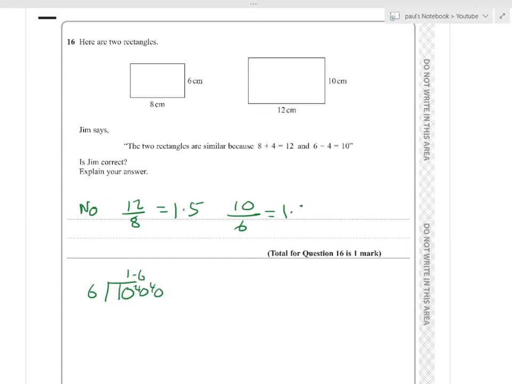So that's 1.66. So you wouldn't add, yeah, you wouldn't add.